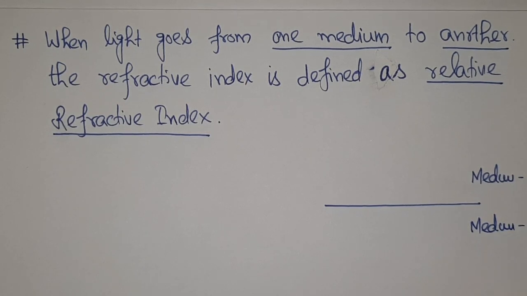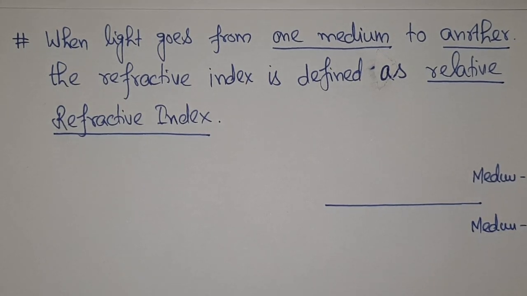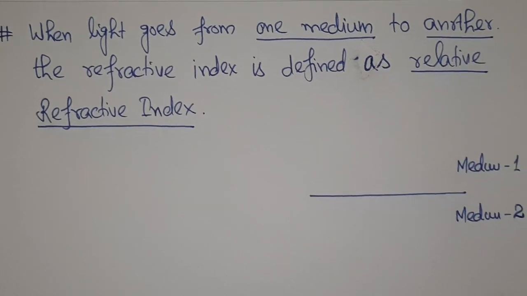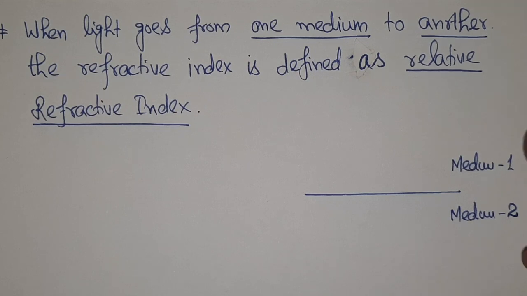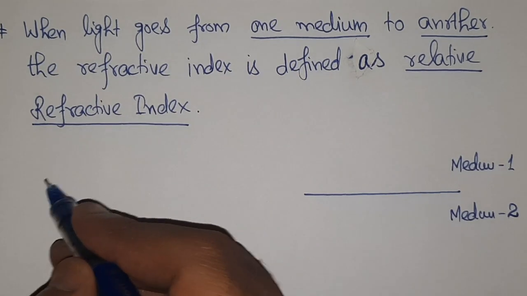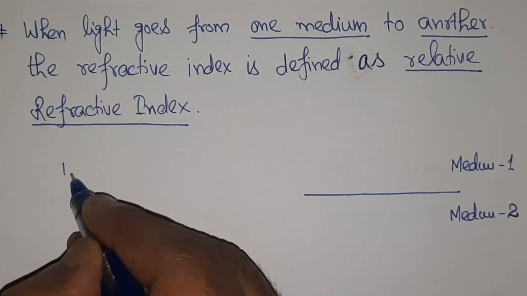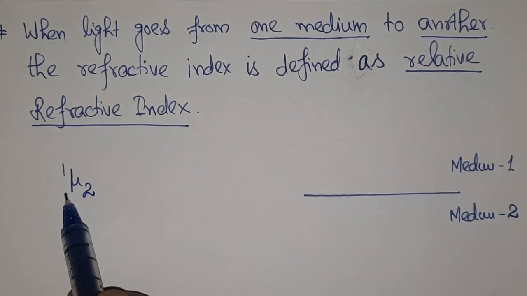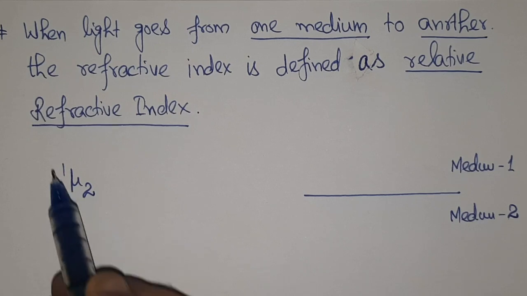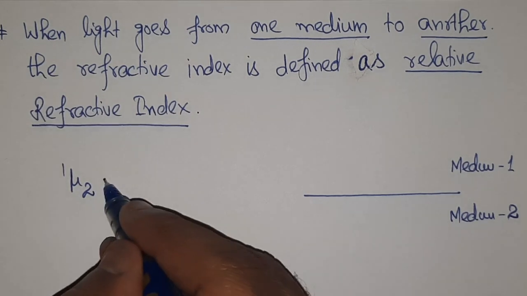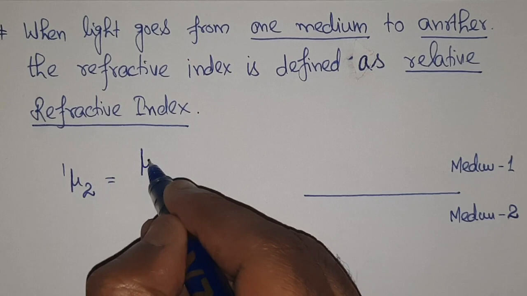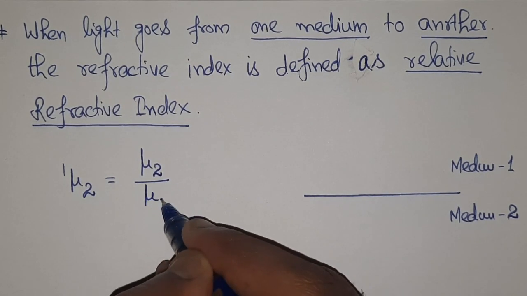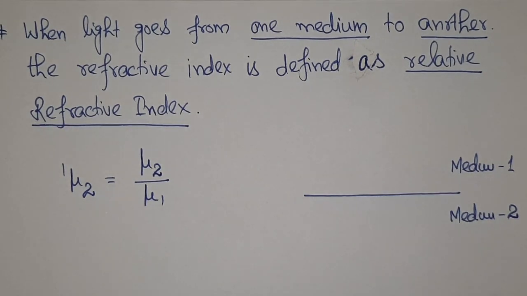Light is going from medium 1 to 2, then we write the refractive index like this, 1 mu 2. It is the refractive index of medium 2 with respect to medium 1.